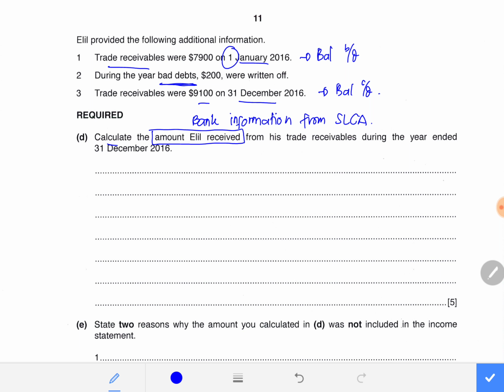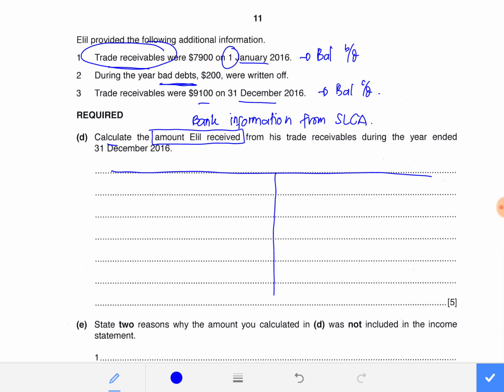Why are we talking about SLCA? Because we're talking about trade receivables, and trade receivables is inside SLCA. If you still remember SLCA, if you don't, please open my format for SLCA, because I have given it to you.